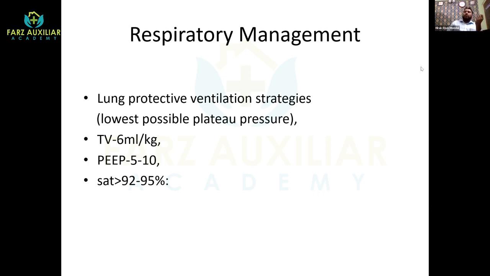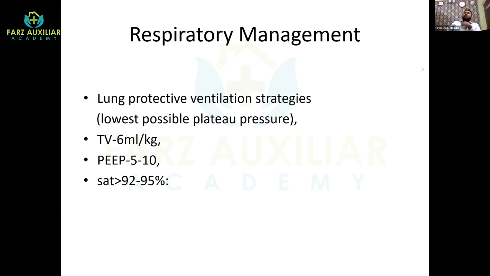Recurrent, frequent suctioning and regular airway toileting are needed because mucociliary clearance is lost in a brain dead patient, and bronchoscopy may be needed when we are thinking about lung transplant and all.